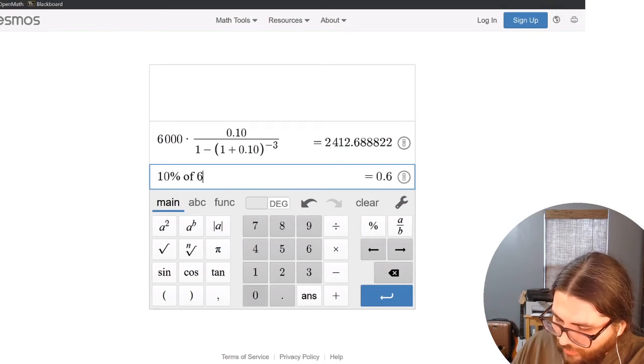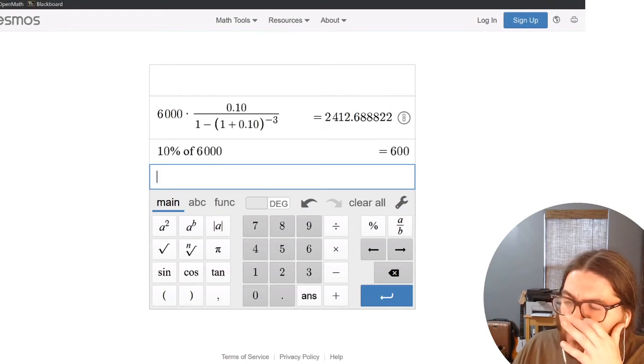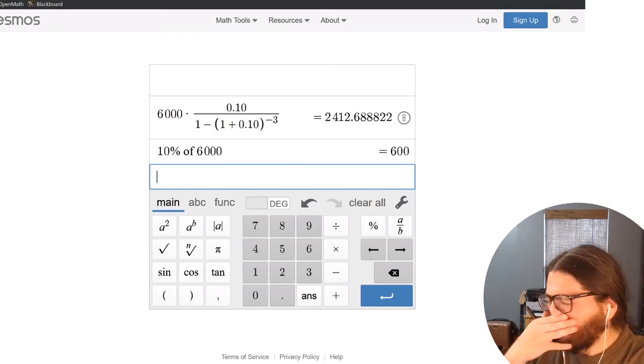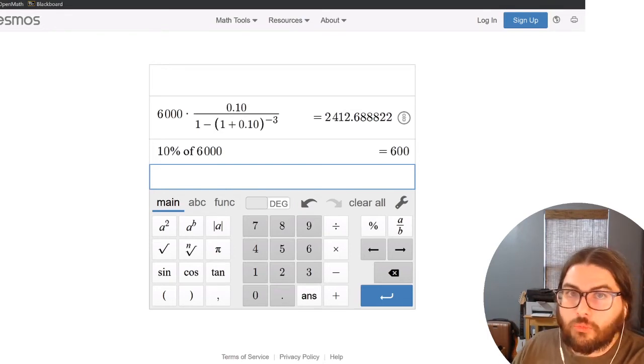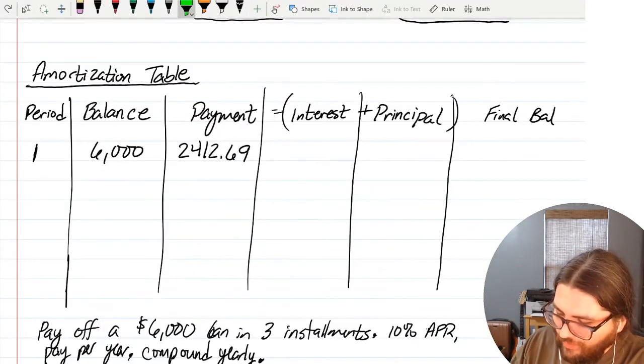I don't usually use that particular feature of the Desmos calculator, just because it really bothers me to have to type that in that very specific way every single time. I just turn it into a decimal and I use the decimals. In any case, I have $600 worth of interest.